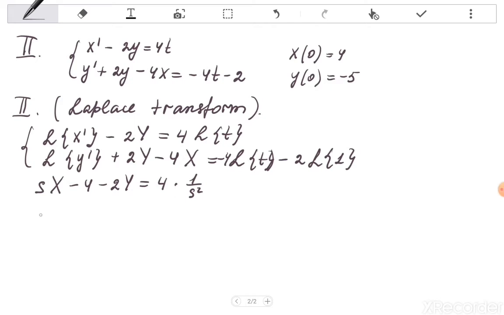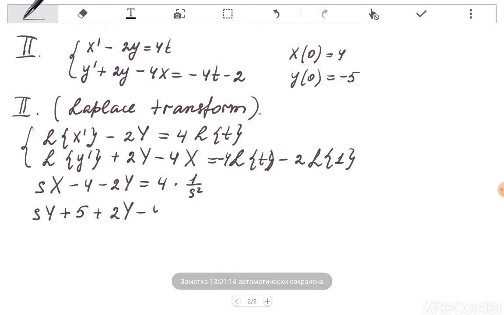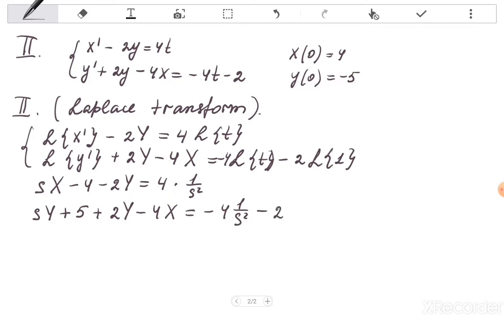The Laplace transform of y prime is sY minus y of 0, which will be plus 5 in our case, plus 2Y minus 4X. This is minus 4, 1 over s squared, minus 2 times the Laplace transform of 1, which is 1 over s.